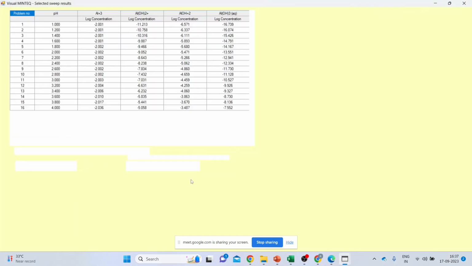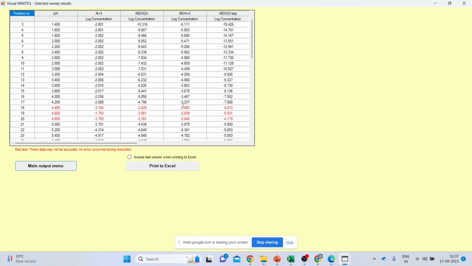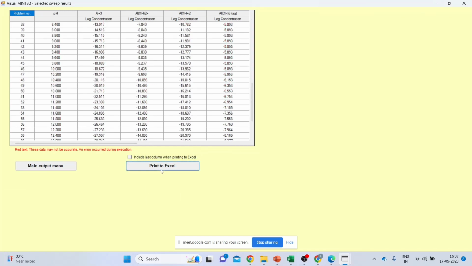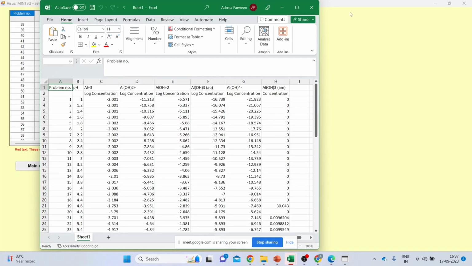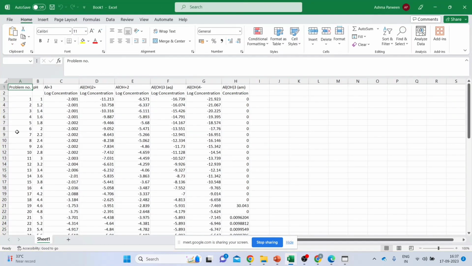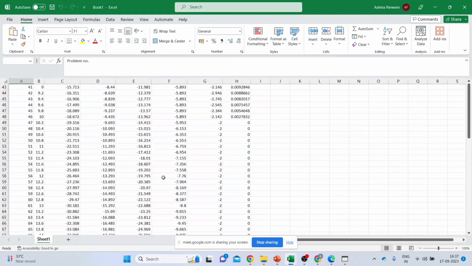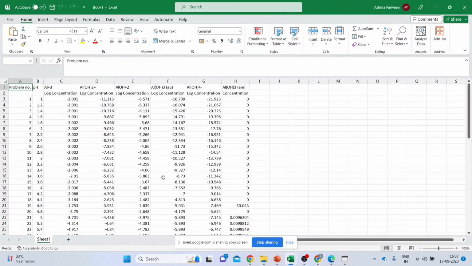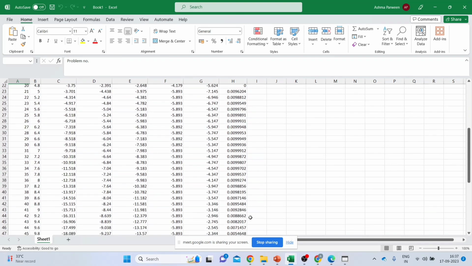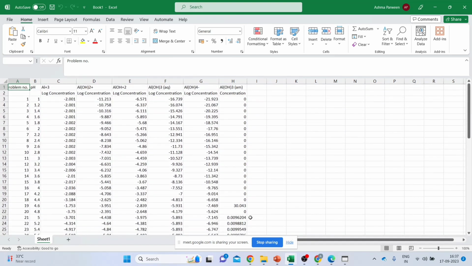So we can simply print it to Excel. So we have got all the values along with the pH, log concentration of all the species along with the pH. What we can do is simply plot a log C versus pH for this, and we will get the concentration.